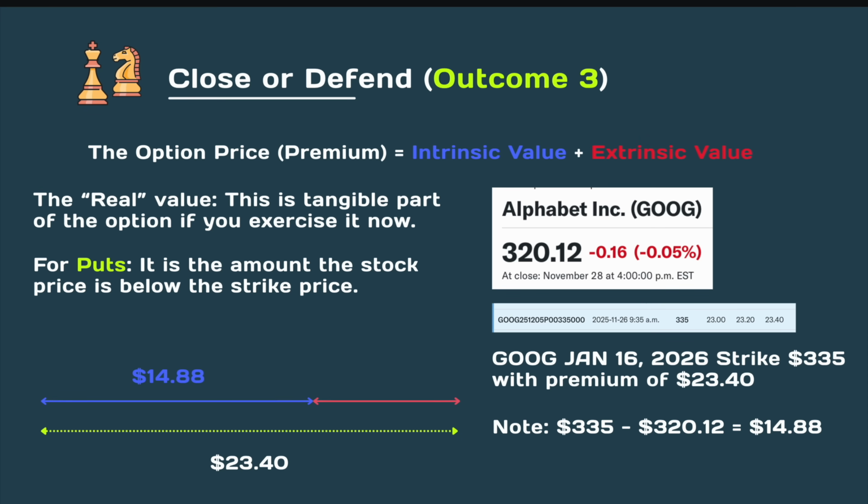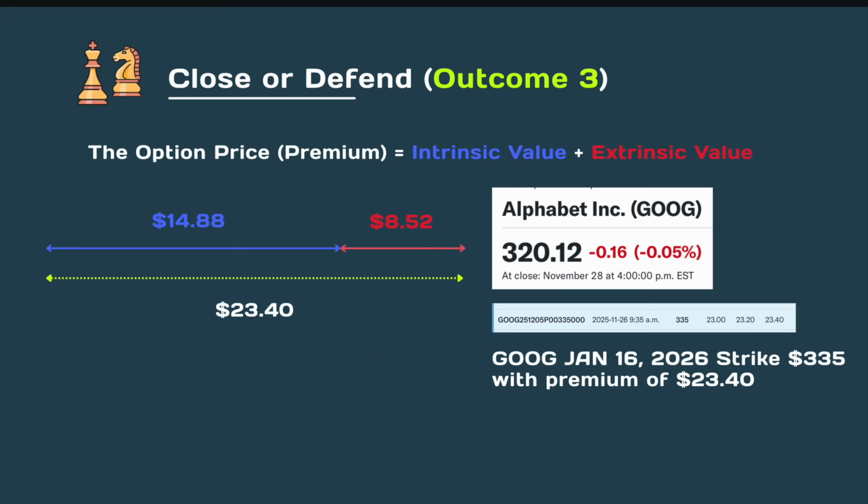So now we know the intrinsic value. We know that the price of the option is equal to the sum of the intrinsic value plus the extrinsic value. So if we take $23.40 and subtract the $14.88, we're going to come up with an extrinsic value of $8.52.